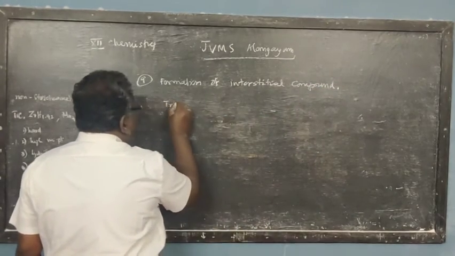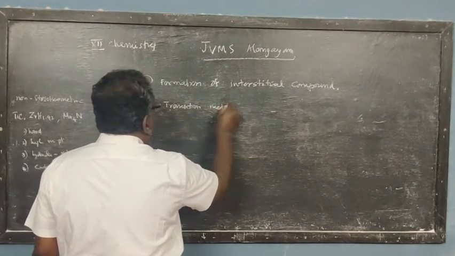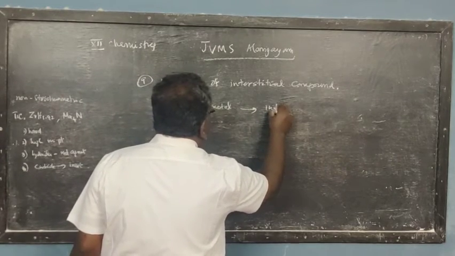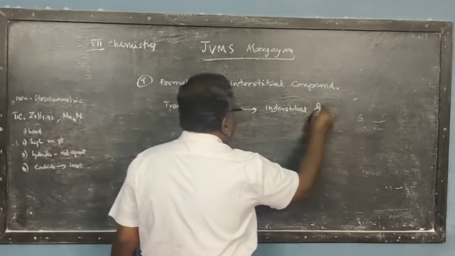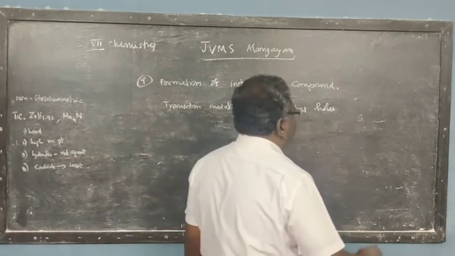So transition metals have interstitial holes. So what is this interstitial?